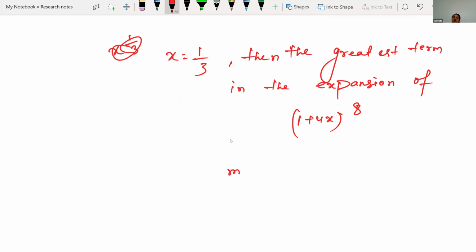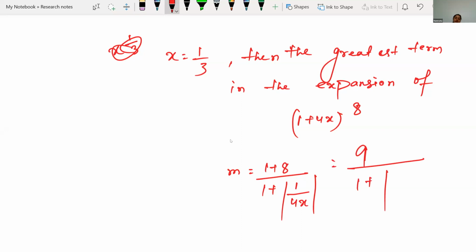Please tell me. M is equal to 1 plus n by 1 plus x by y. Here x is 1 by 4x.